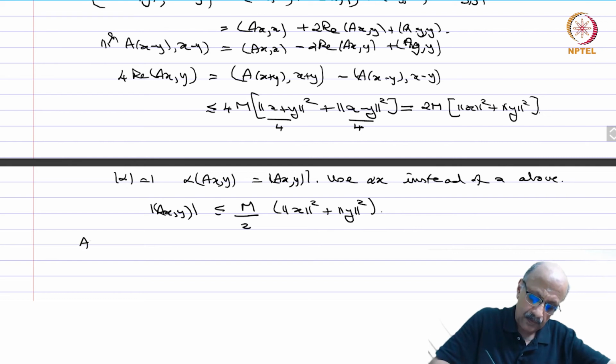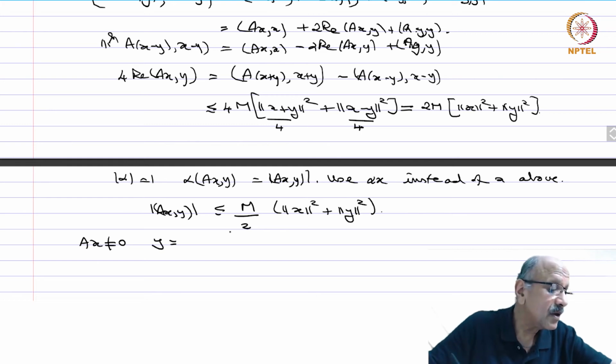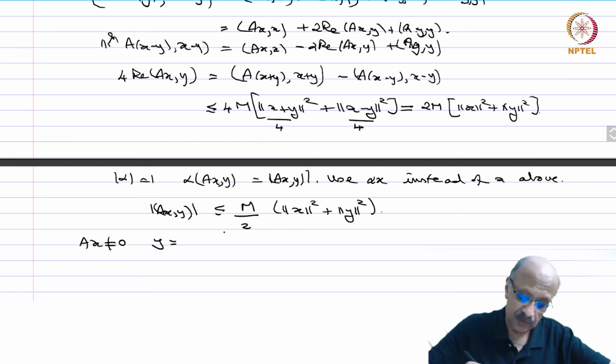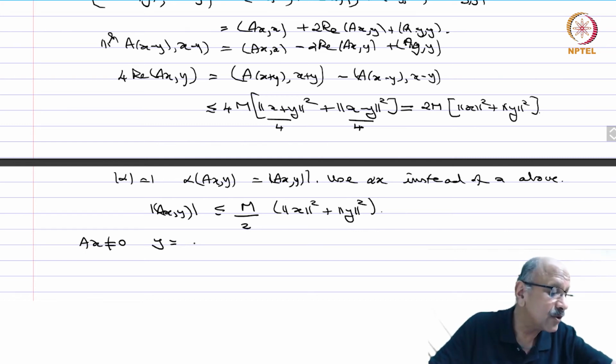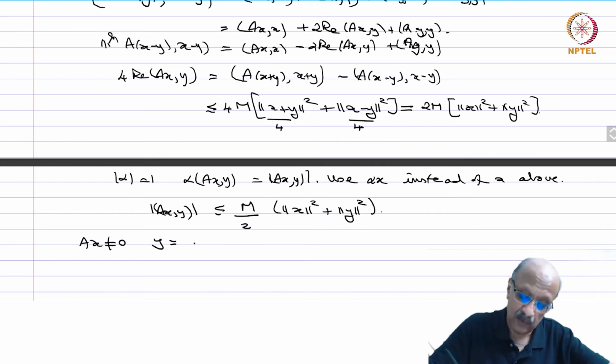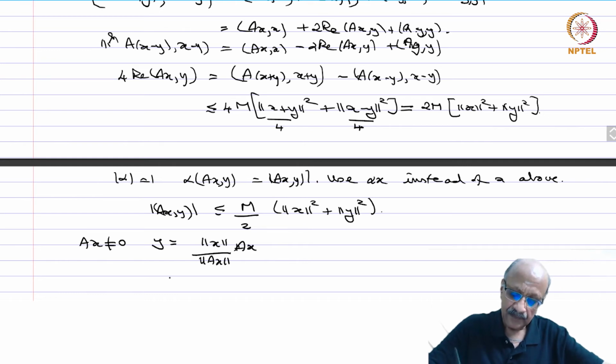Now Ax not 0, and you set y equals norm x by norm Ax times Ax. If Ax is 0 there is nothing for us to do because we are looking at the maximum value, so Ax is not equal to 0. So let us use this y in the above inequality.